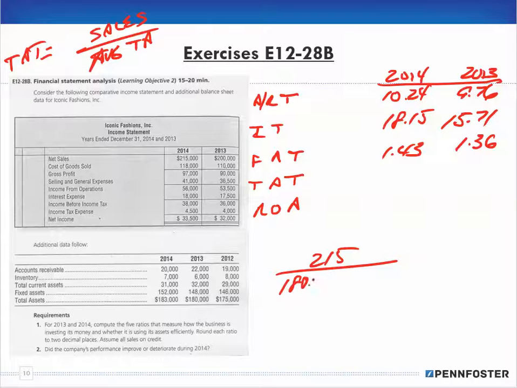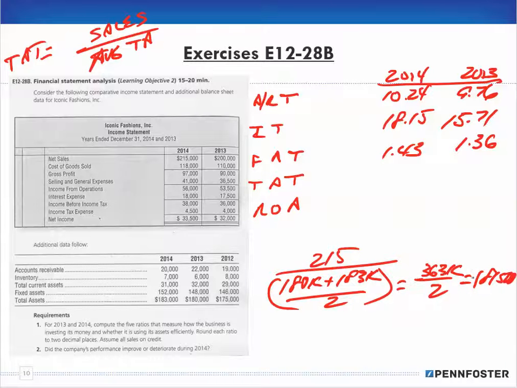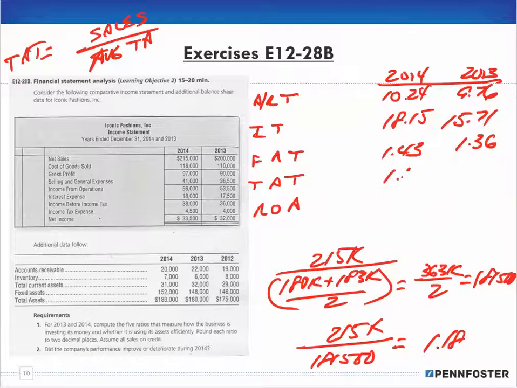So I have 180,000 plus 183,000 over 2, which is equal to 363,000 divided by 2, which is equal to 181,500. So 215,000 divided by 181,500 is equal to 1.18. Okay, pause the video. I'm erasing this.